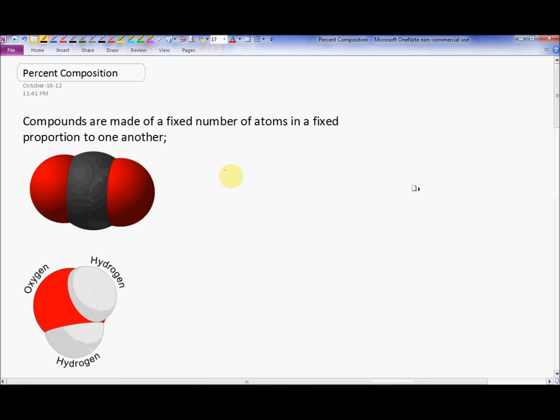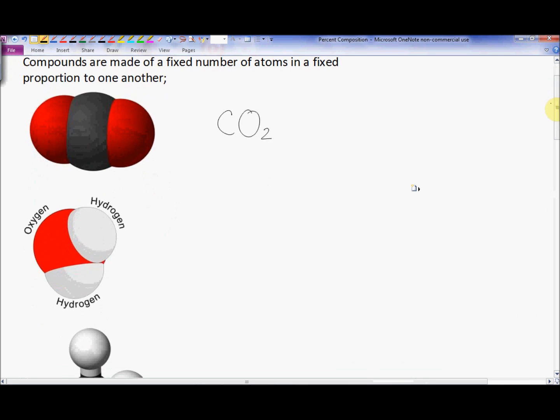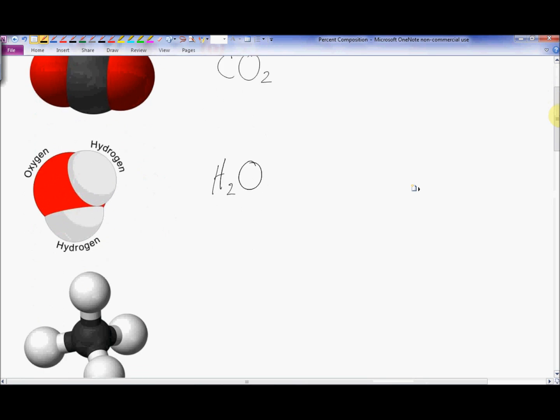So for example, we have here carbon dioxide. This is a picture of carbon dioxide. You can recognize it from its linear shape. And for every carbon dioxide molecule, we've always got one carbon atom and two oxygen atoms. Next down the list here we have water, so it's two hydrogens and one oxygen, and it always exists that way, and that's how we get hydrogen bonds, and it's got that bent shape that we're so familiar with now.